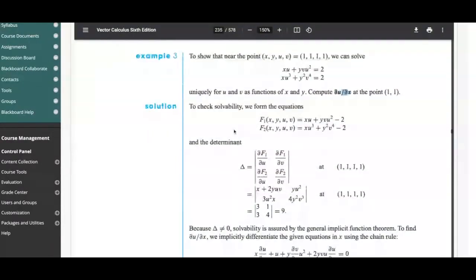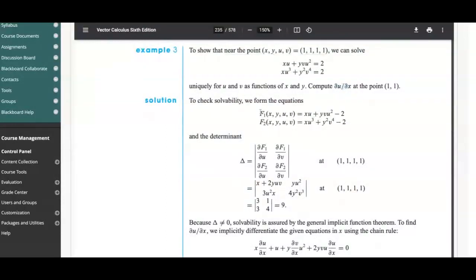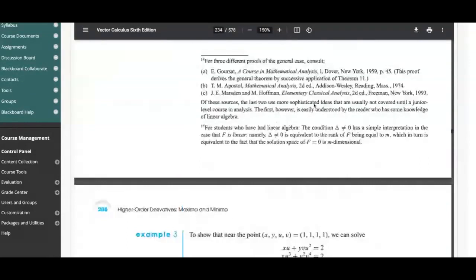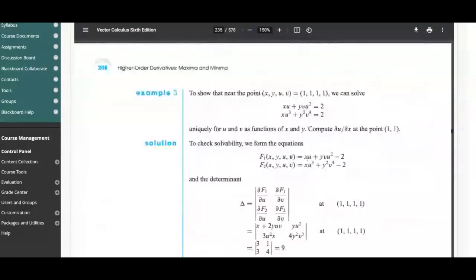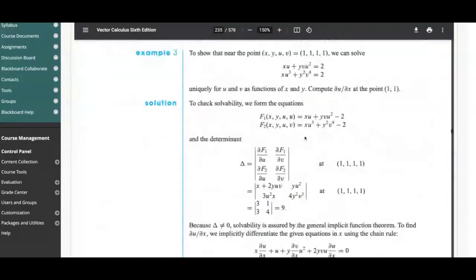So first we check if it's possible to solve. So let's form an equation f1 of x, y, u, v, where u and v are functions in terms of x, y, right? Think about this as x1, this as x2, this as z1, this as z2 in the formula. Okay. Then we form f1 as this, right?